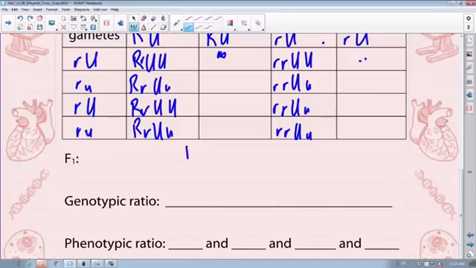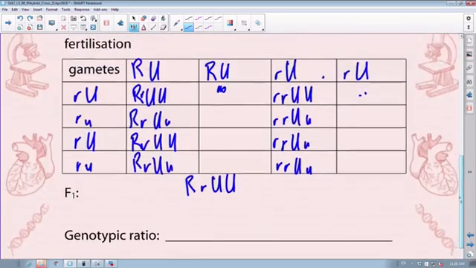We have big R, small r, big U, big U. We have one of those, two of those, which means we have four, because this one is identical. We have big R, small r, and big U, small u, and we have four of those. We're happy with that, okay?